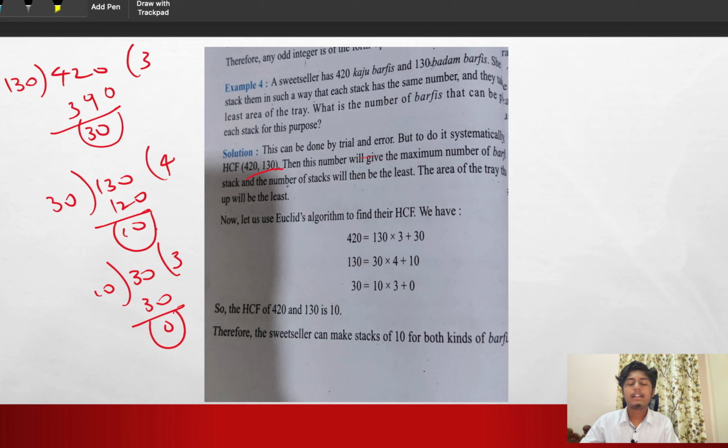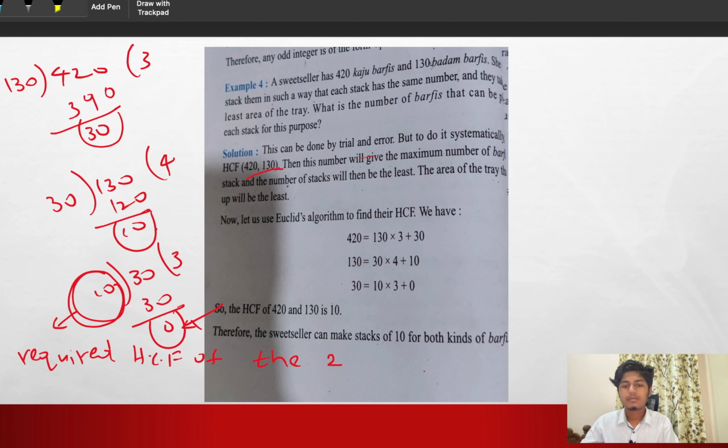Here we arrived at remainder as 0. So in this step, the divisor will be the required HCF of the two numbers, that is 420 and 130.